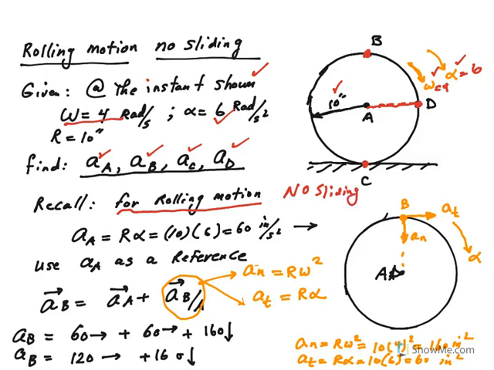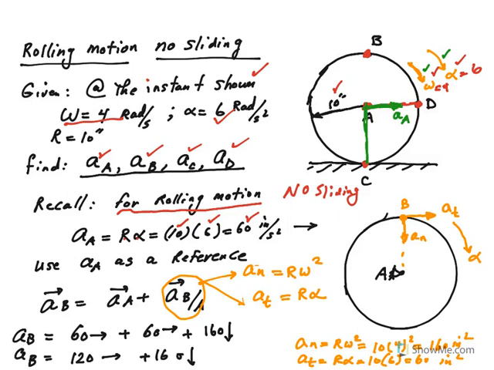You saw at the end of that video that acceleration of the center, and this is only for the center of the wheel, is going to become R alpha, which is 10 times 6 equals 60 inches per second squared in the horizontal, in the direction of alpha. The wheel physically is rolling clockwise, but it's also accelerating. So that's acceleration of A, which is 90 degrees to this radius.